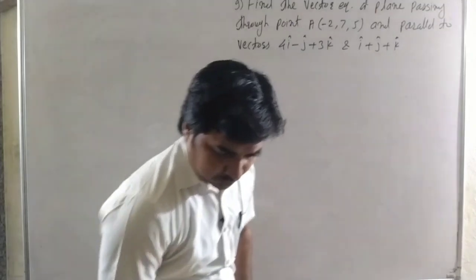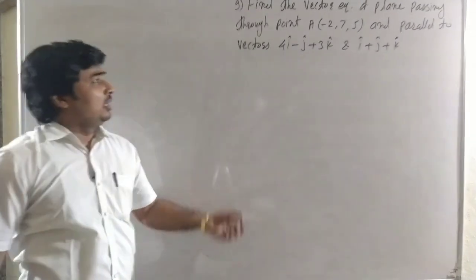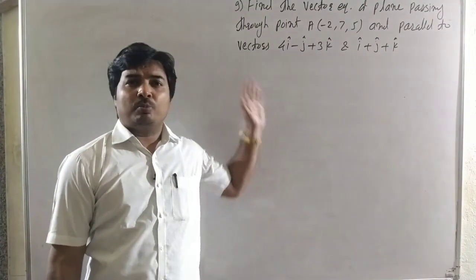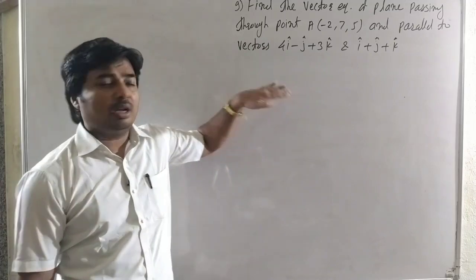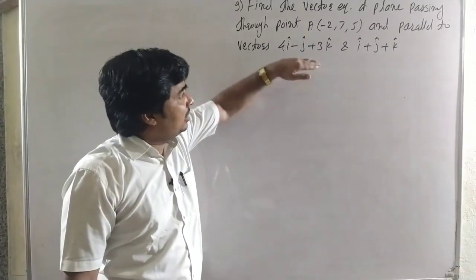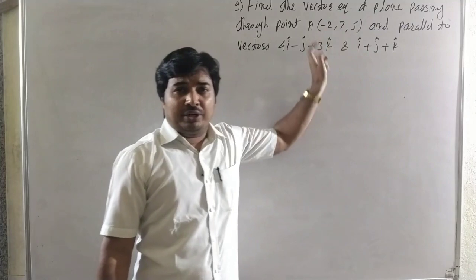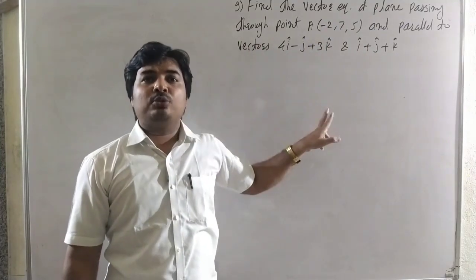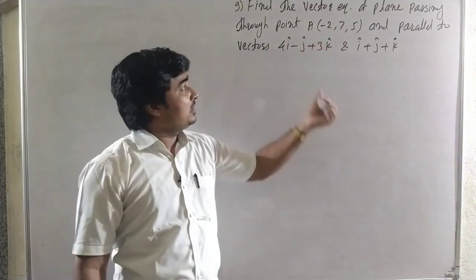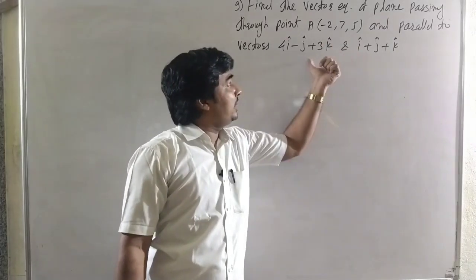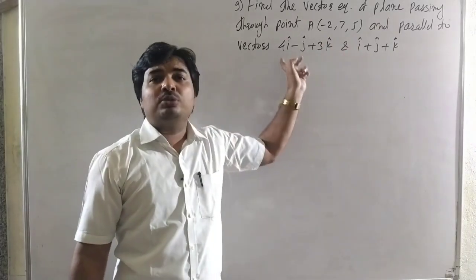Okay, here we know that to find the equation of plane, we need a point and a perpendicular vector. Perpendicular vector means normal, but here two parallel vectors are given, and the cross product of two parallel vectors is perpendicular. That means the normal vector is the cross product of these two vectors.